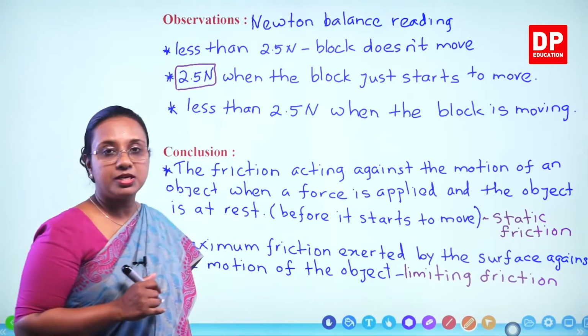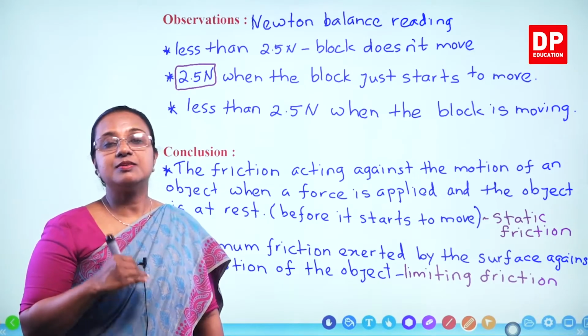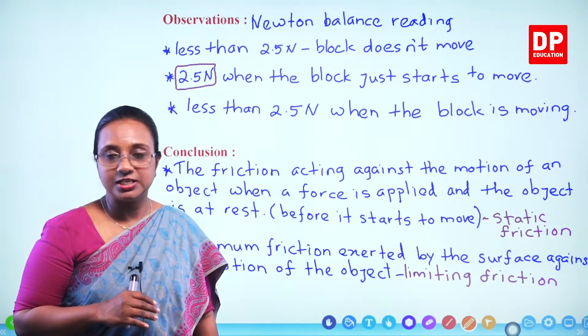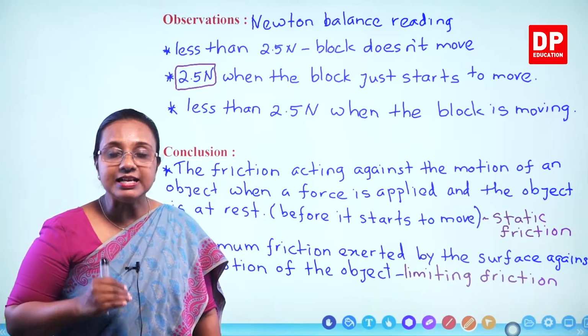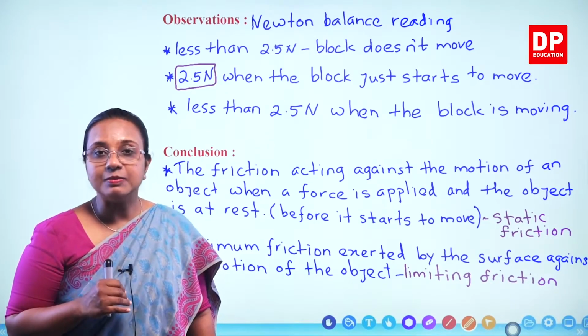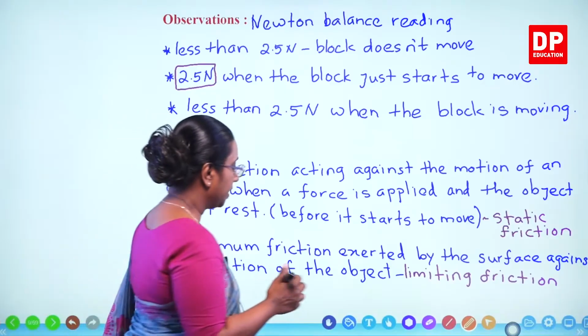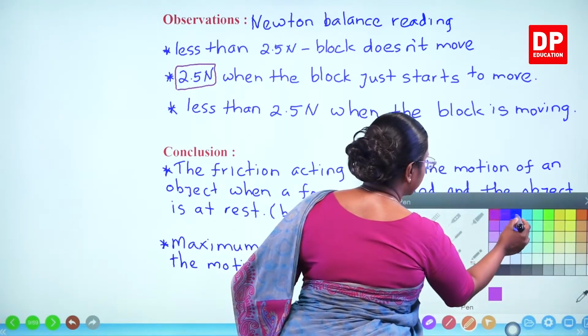And when the block is moving, still the surface will exert a friction against the movement, and that is known as the dynamic frictional force. So that is the next one.